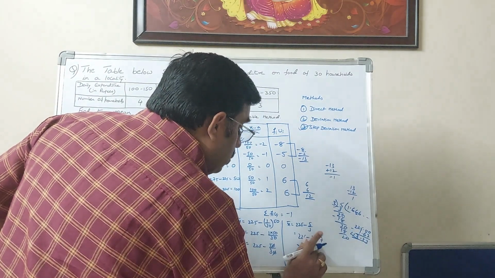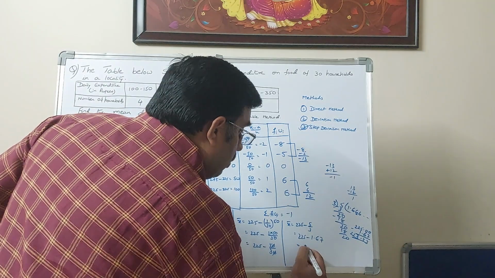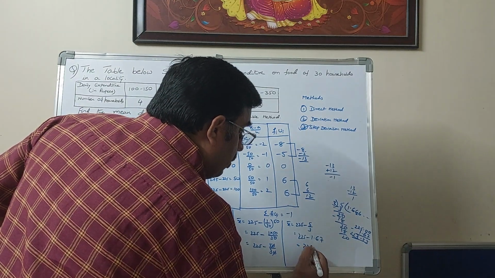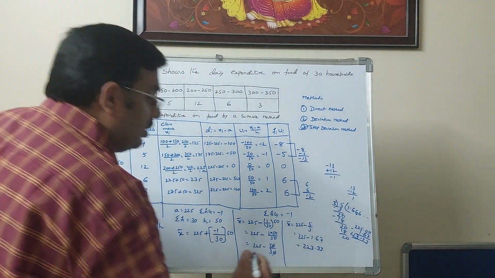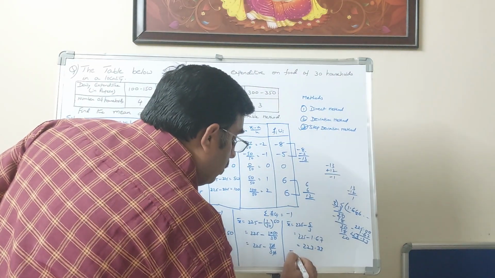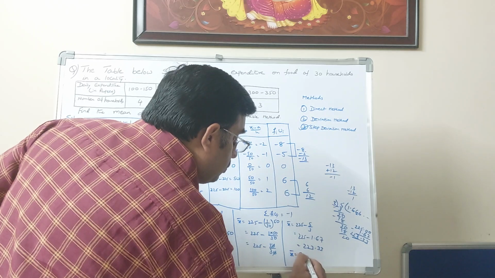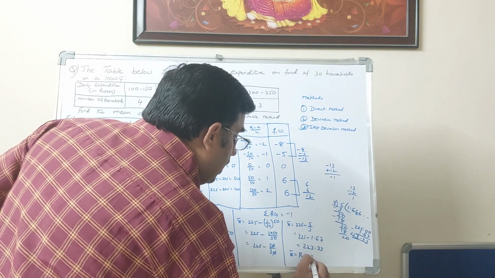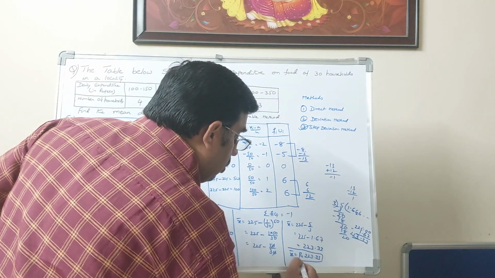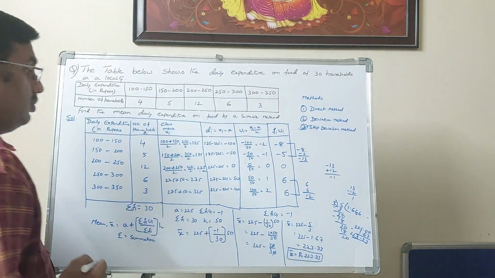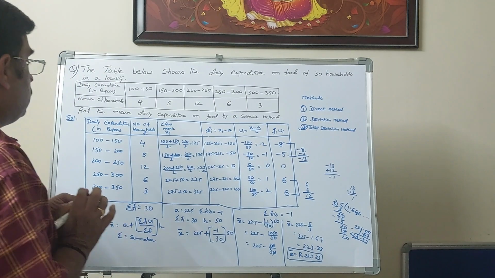That is equal to 223.33. So x bar is equal to rupees 223.33. This is the final answer for this question.